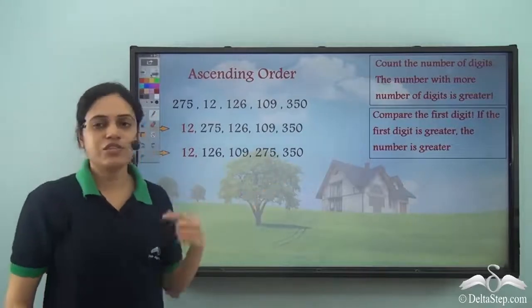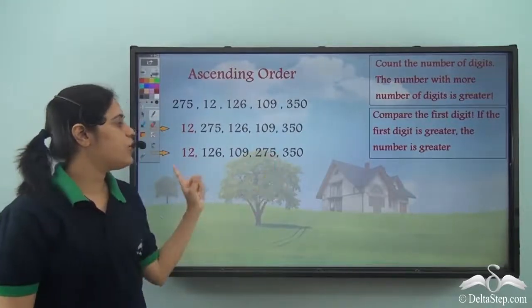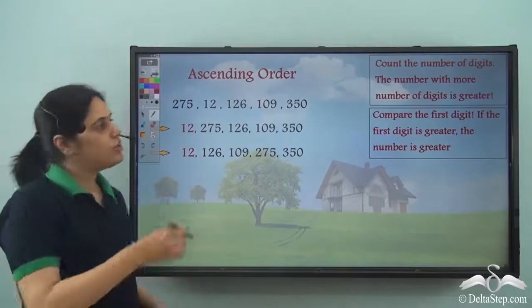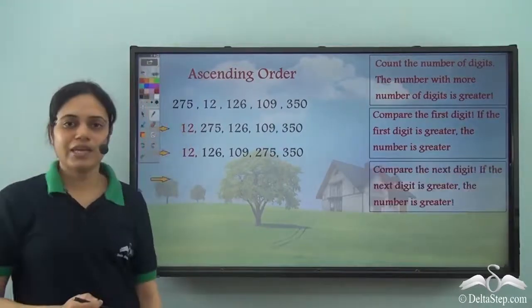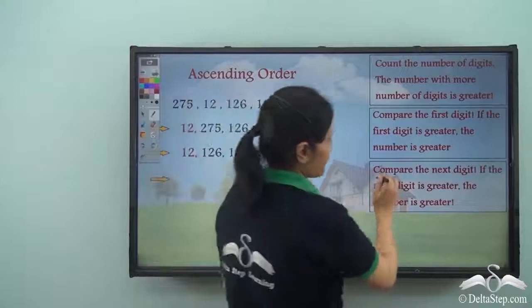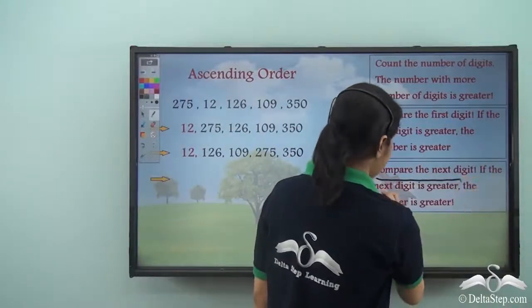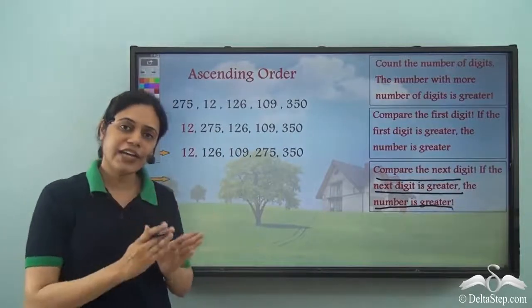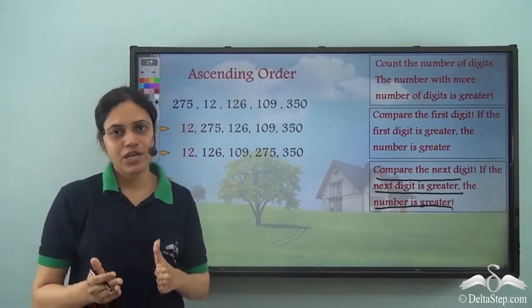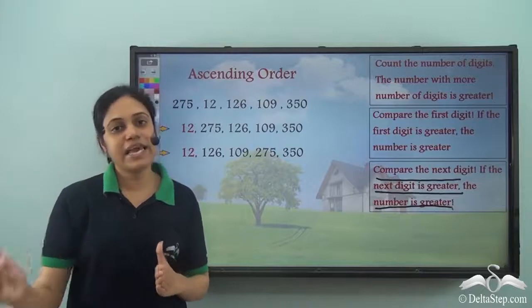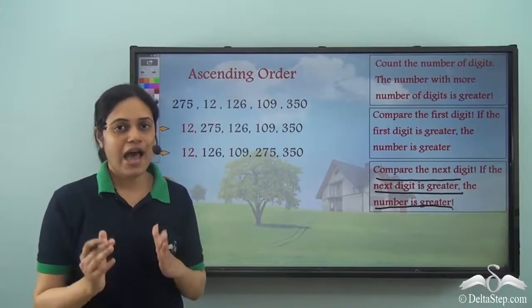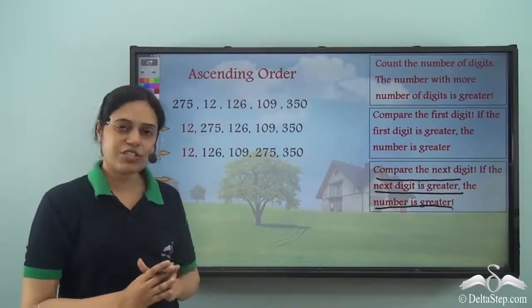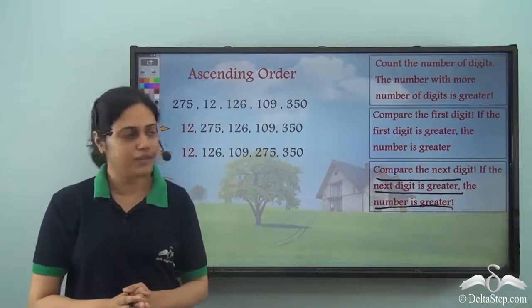So this is what we have. Now I have used this trick, but the numbers are still not arranged in ascending order. So let me come to the next trick, which is compare the next digit. If the next digit is greater, the number is greater. So I have already compared the first digits. Now I compare the next digits of all the numbers. And if the next digit is greater, then that number is greater.